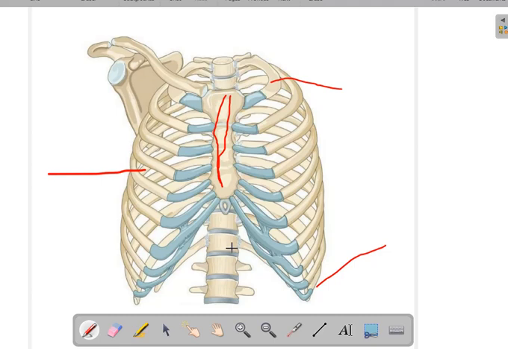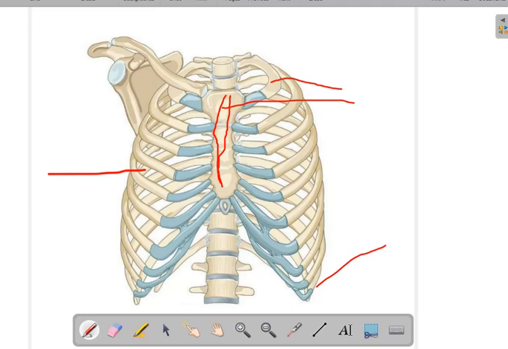This is the sternum, and 12 ribs on both sides, and the thoracic vertebrae. This is the anterior view of the thoracic cage.